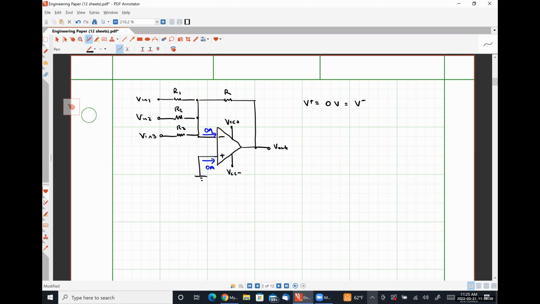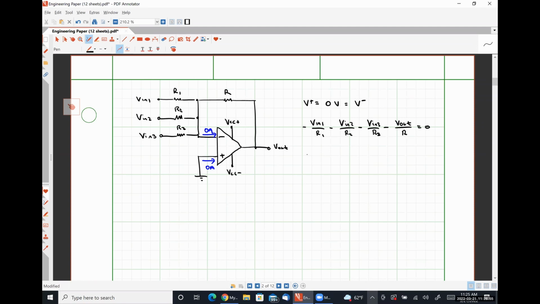So applying Kirchhoff's current law at our inverting input terminal gives us negative VN1 over R1 minus VN2 over R2 minus VN3 over R3 minus Vout over R is equal to 0.